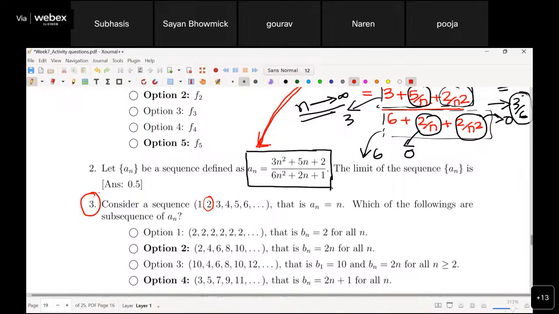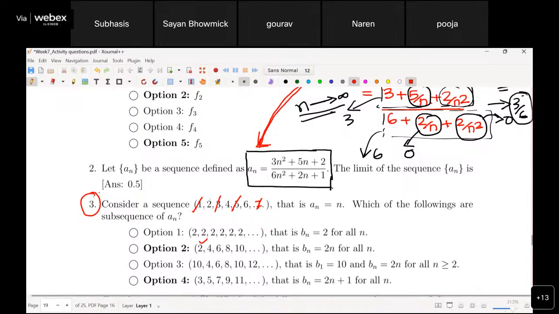And clearly option 2 is a subsequence. Basically, what I am doing is ignoring all the odd natural numbers: I am ignoring 1, 3, 5, 7. I am ignoring all these elements, and whatever I am taking, I take in the proper order without changing it.